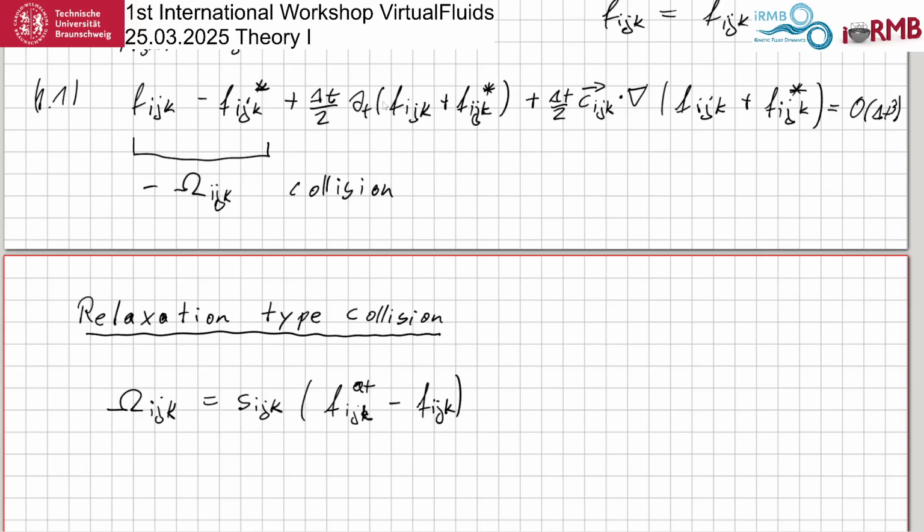Now in this equation that we see up there, you see we always get the different derivatives of the population before collision and the population after collision. And one question that drove the Lattice-Boltzmann community for a very long time is which is actually the population at this time step?